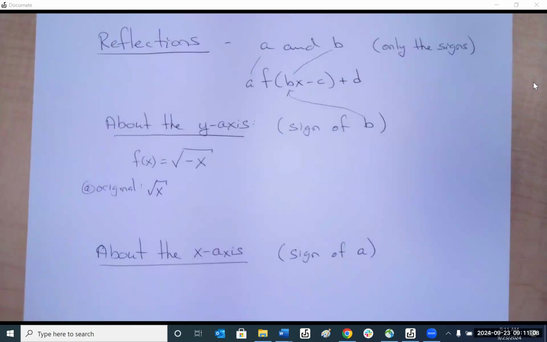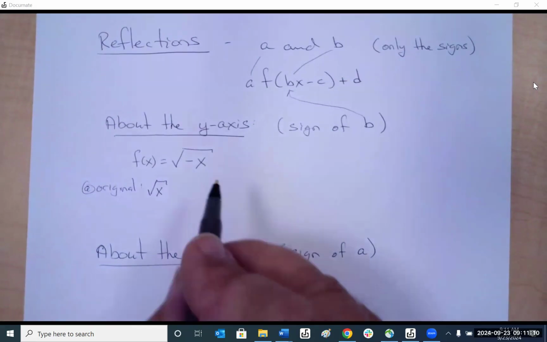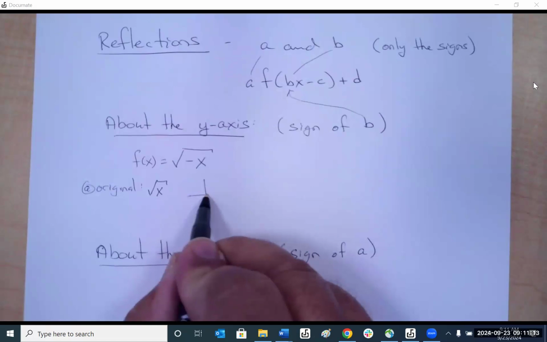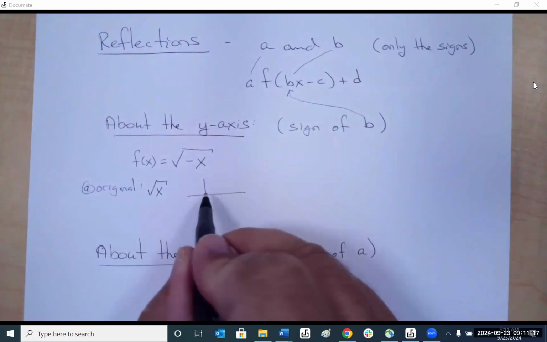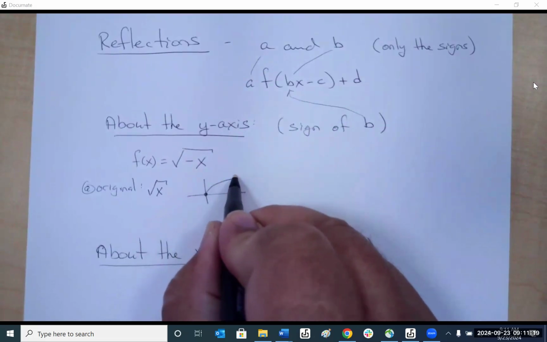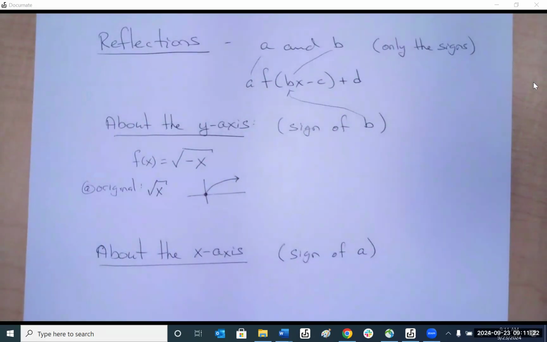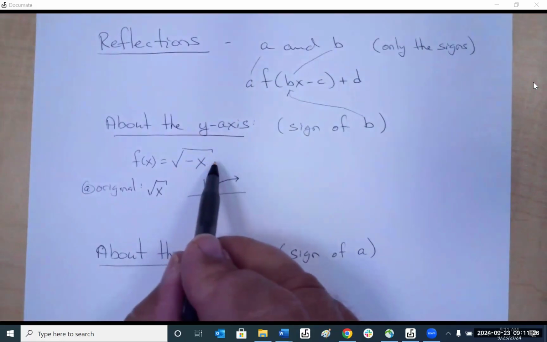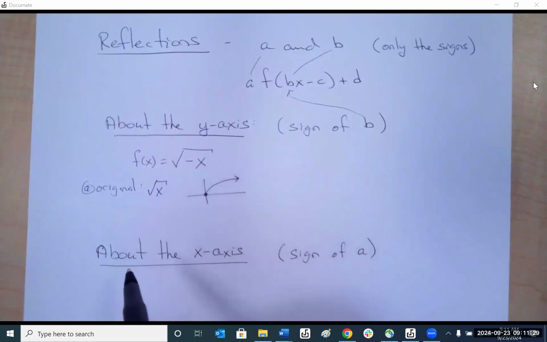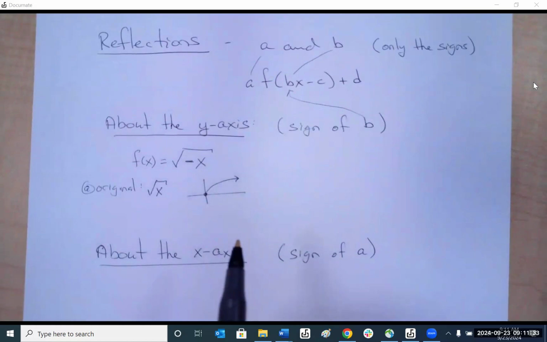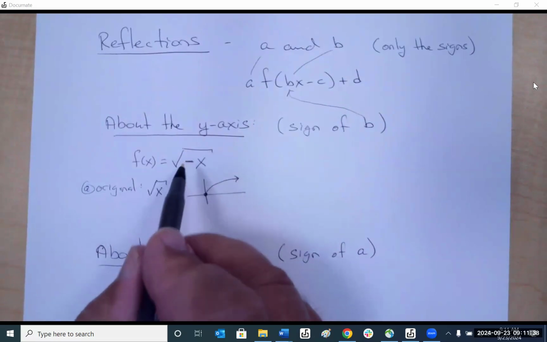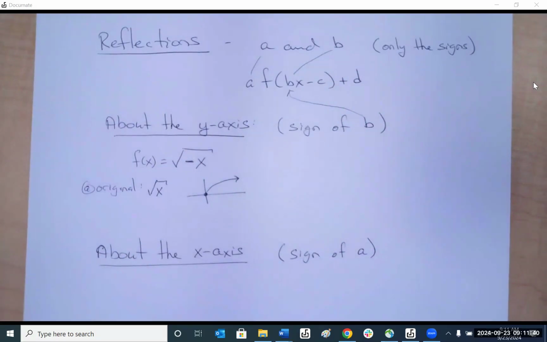Square root of x. What does that graph look like? The smallest you can have in there is 0 and then only positive values. There's no horizontal shift, there's no vertical shift, but there is a reflection. Because this negative sign changes the x values I can put in there. The rule about square root is you cannot have a negative number in there.